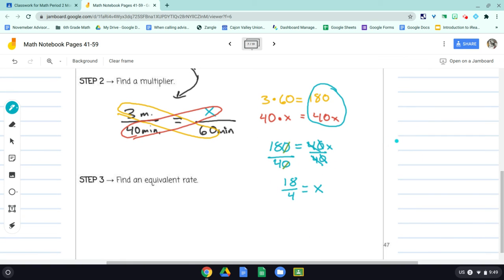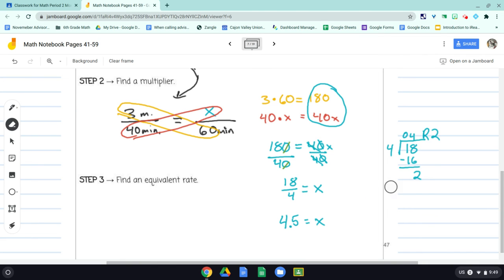Let's do this on the side over here. 4 goes into 1 0 times, but it goes into 18 4 times. And 4 times 4 is 16. 18 minus 16 is 2. So I have 4 remainder 2, which means in fraction form, as a mixed number, it's 4 and 2/4, which I can say is the same as 4 and 1/2, or 4.5.